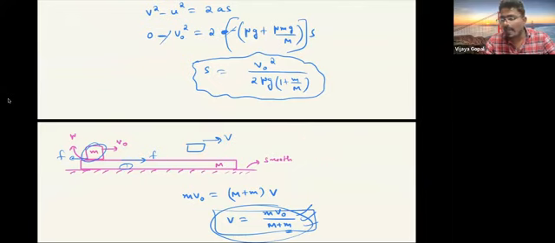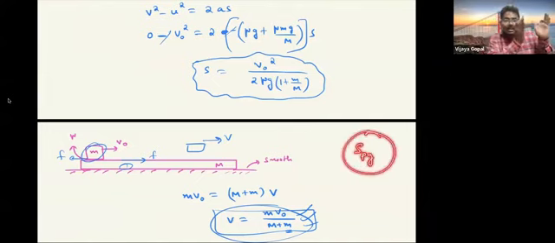Then for the plank also, tell me, do you know the final velocity and initial velocity or not? Initial velocity of the plank is 0. Final velocity of the plank is how much? V. So again I'll use V square minus U square equal to 2AS. Then what displacement will I get? Displacement of the plank with respect to ground.